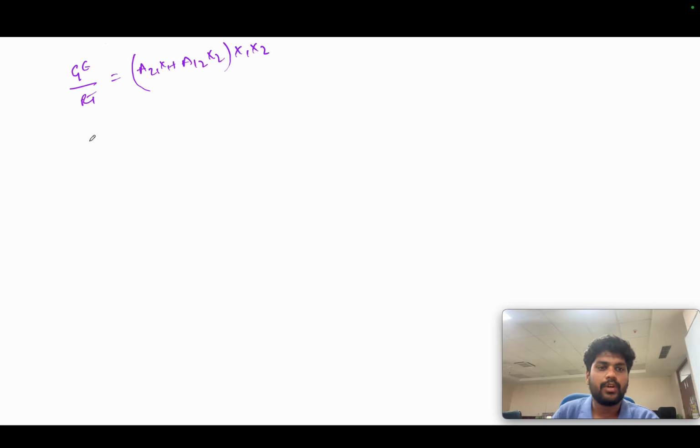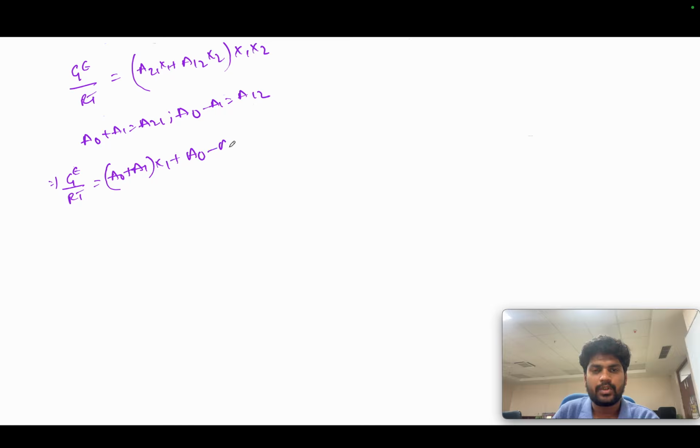To understand this equation, I am making two assumptions. Now I apply the two assumptions in the equation. Now we will get a0 plus a1 into x1 plus a0 minus a1 into x2, of x1 x2. I will keep it like this.